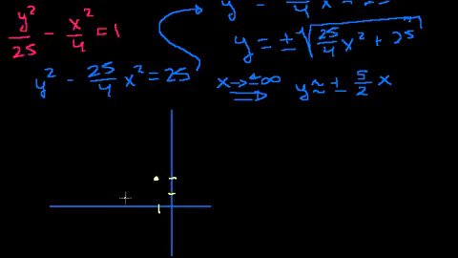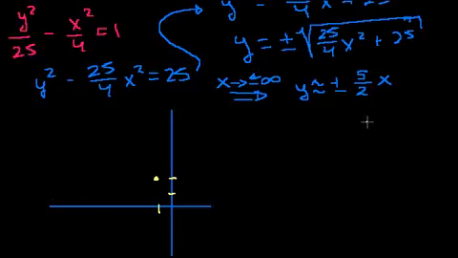That's the center. This would have been the two asymptotes if we were centered at 0. But now this tells us the slope of the two asymptotes. The asymptotes are going to intersect at the center of our hyperbola.